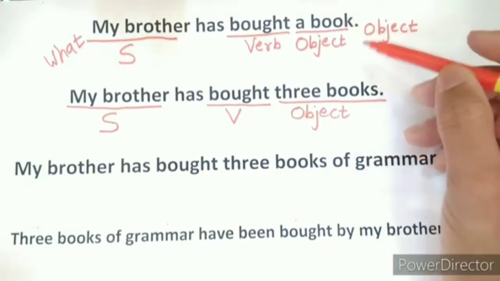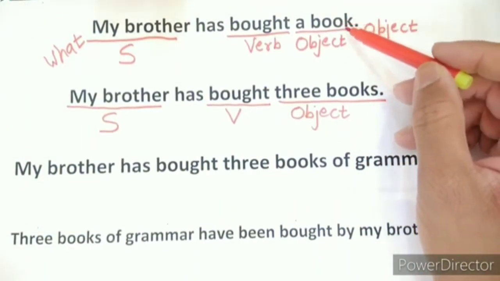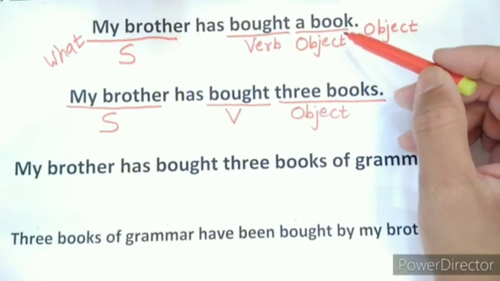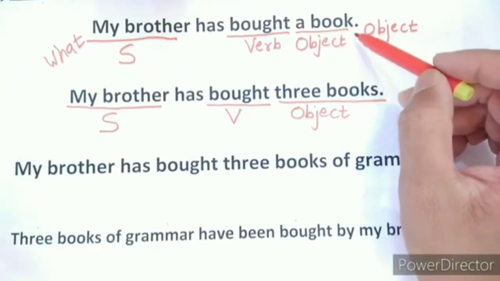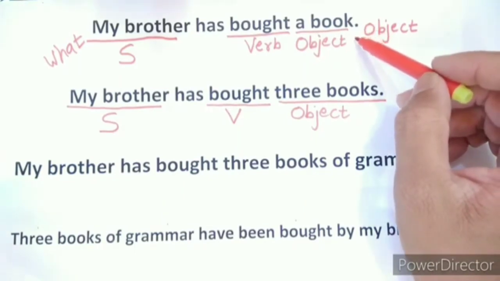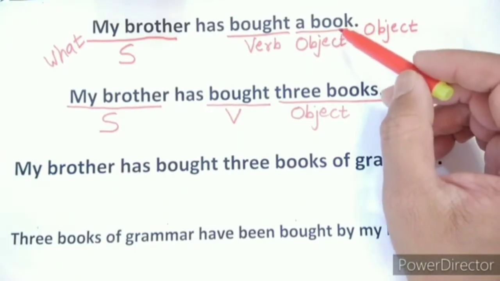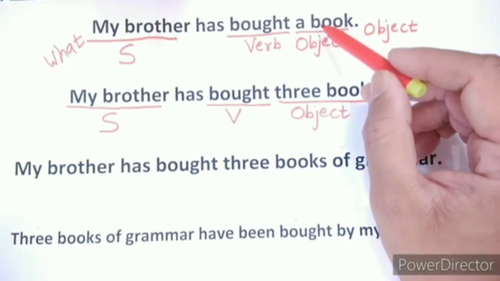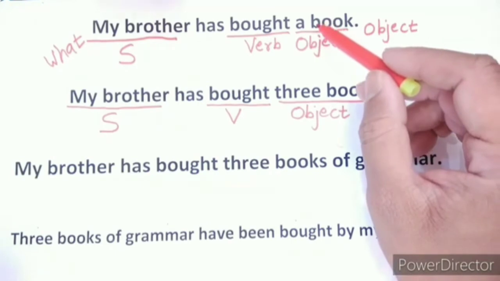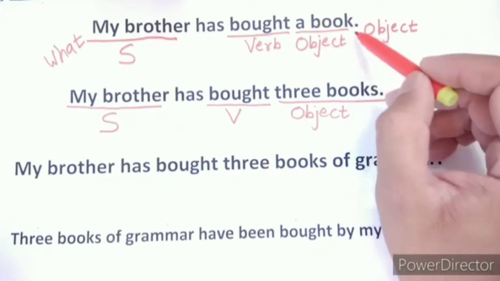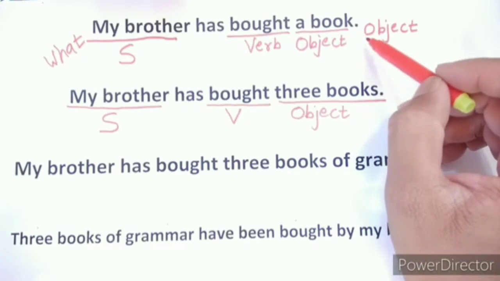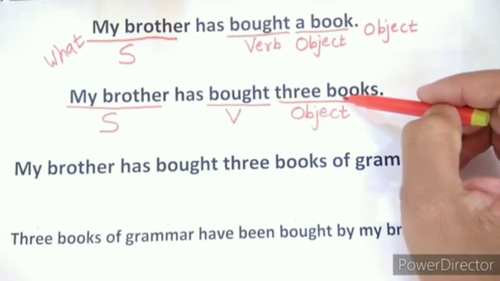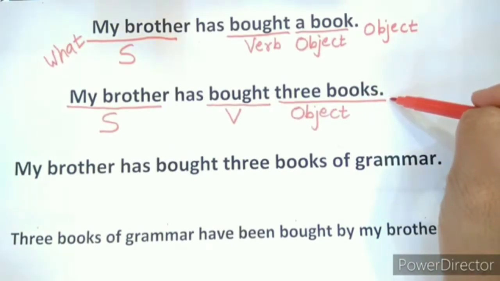Now let us compare the object from the first sentence and the second sentence. In the first sentence we have the object a book, which is in a singular form, because if we look at this object carefully, there is an article a, and therefore a book is the singular object. Now let us come to the object from the second sentence, 3 books.